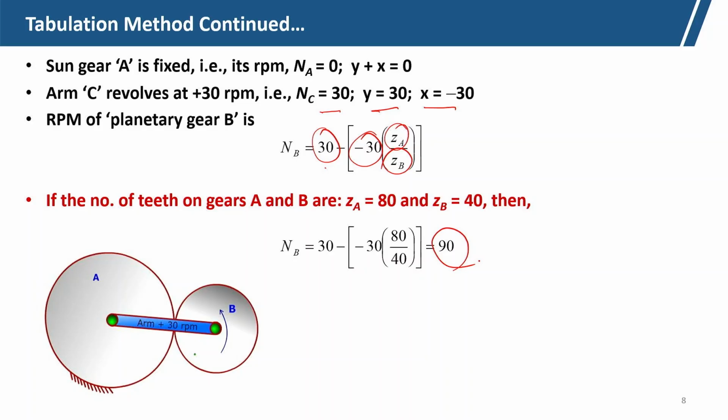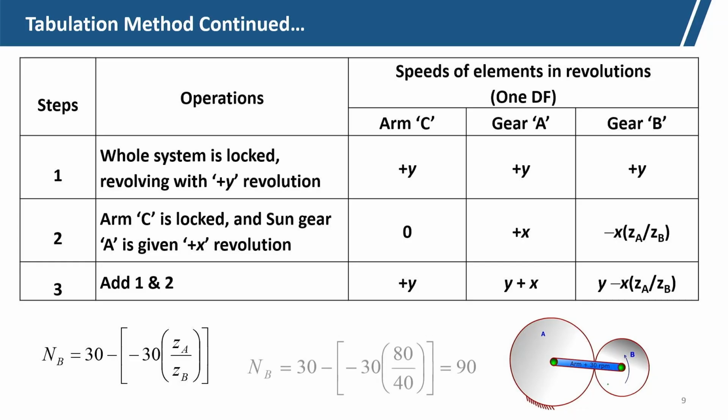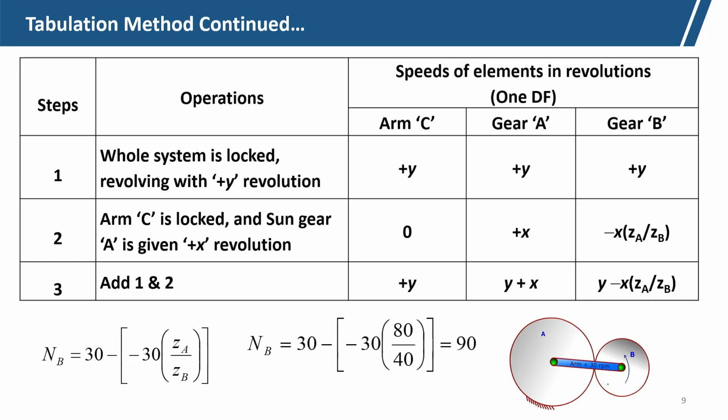The same thing we have seen in the comber section also. Here we are just reproducing the same table. Now N B is calculated, and we can see it here as 90.